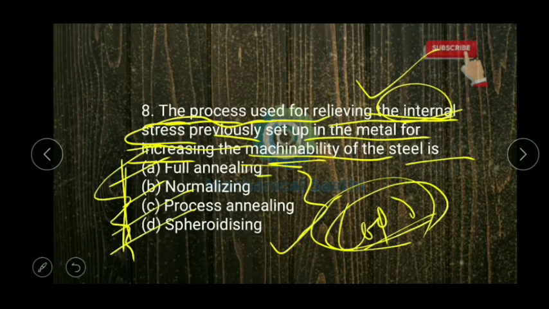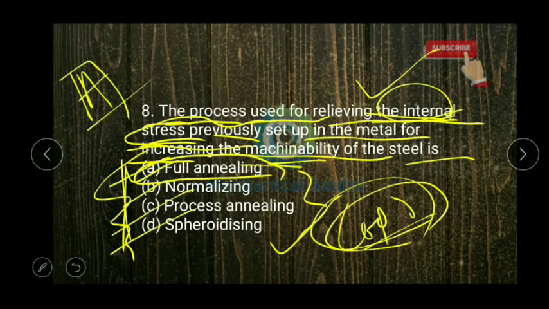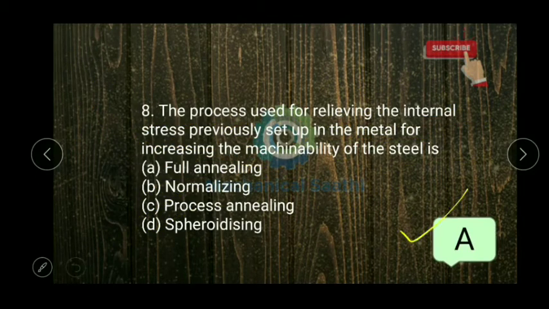Full annealing is the operation by which we can remove the internal stresses present inside that material. So here we can say A option will be the correct answer. Let us move forward for checking it. So A option is the correct answer over here.